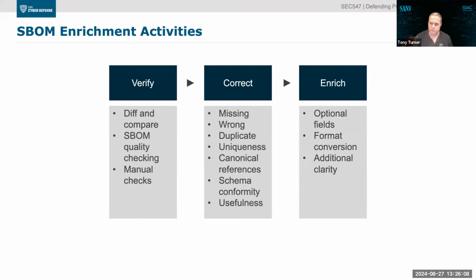And then we have enrichment, right? So we've created all the things, we've consumed and analyzed all the things. Great, what now? Enrichment is an opportunity for maturity. It's an opportunity for us to get better, right?